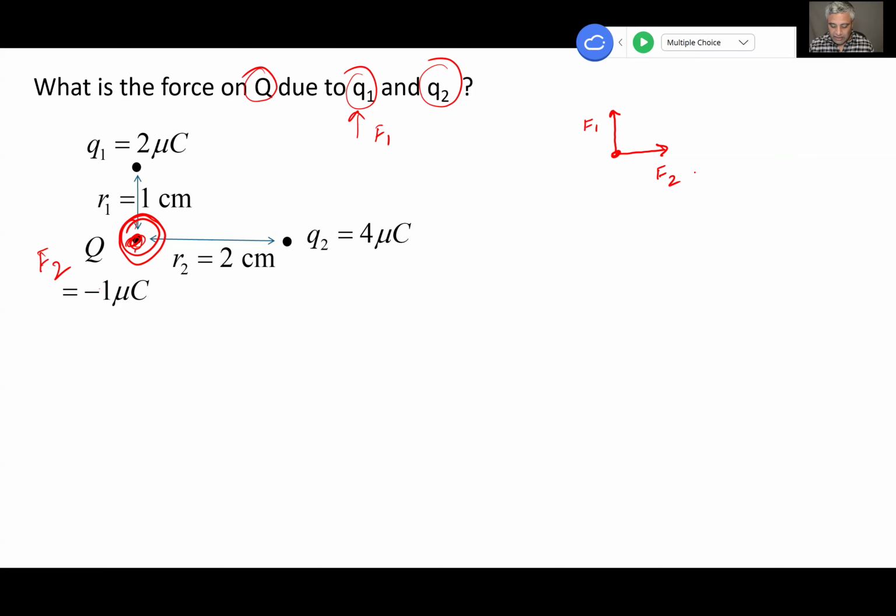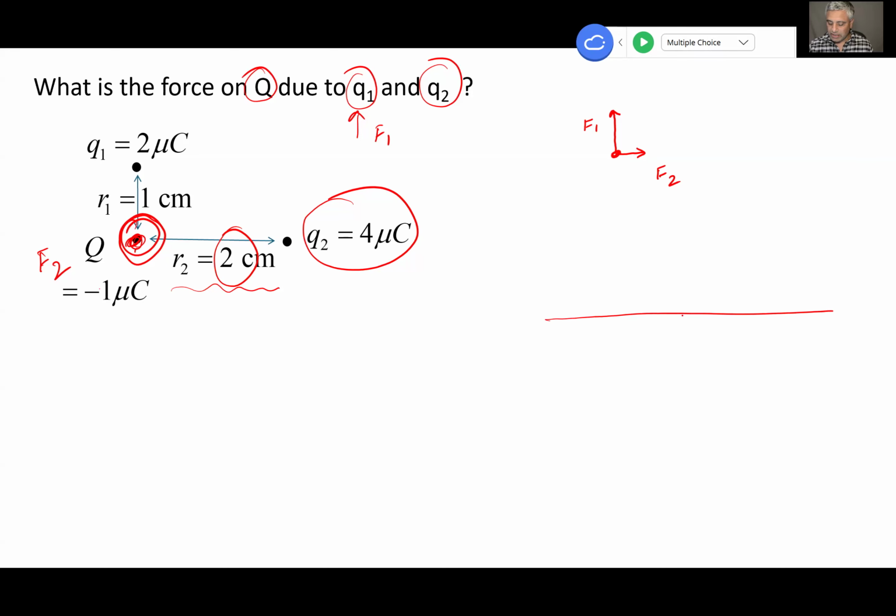So which one is bigger? Which one is smaller? Double charge, double distance. So that means the force between them is half. So F2 is shorter. And actually we did calculate these numbers in the previous problem I did.